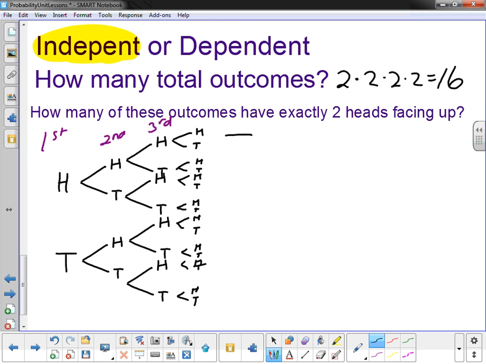So I got 1, 2, 3, 4, 5, 6, 7, 8 outcomes right there. 9, 10, 11, 12, 13, 14, 15, 16. I got 16 total outcomes. So let's look at this very first outcome. It's got 4 heads.